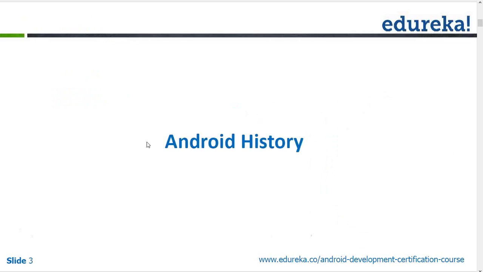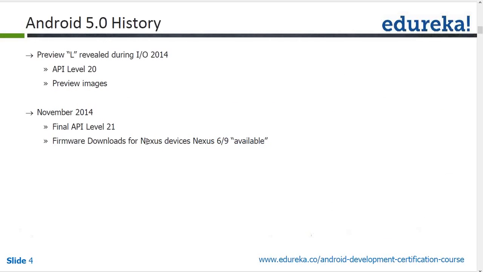Okay, so let's move on to the next slide. Android L. We all know the Android 5.0 version is Lollipop, but when they released it, it was called L because the name was not decided till that time. It was released during I/O 2014, and after a month we would also have I/O 2015, where they will be releasing the Android 6.0 SDK.